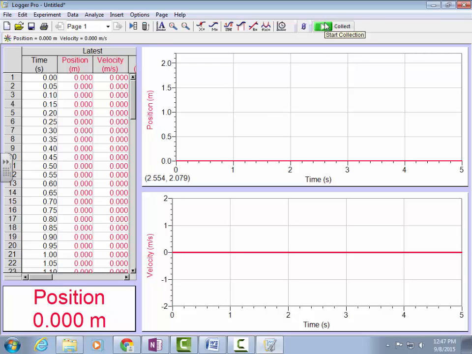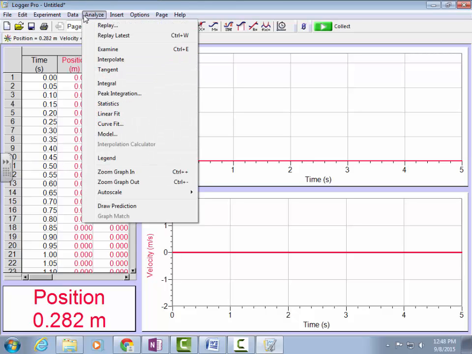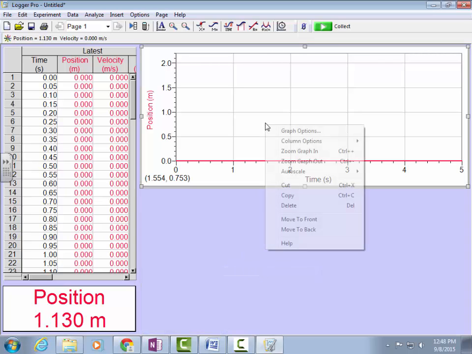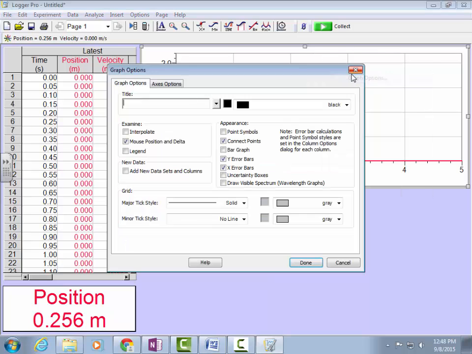All right, so let's see this again. Oh, I know what's wrong with you. Hello. There you are. All right. So what I want to do is go to graph options.